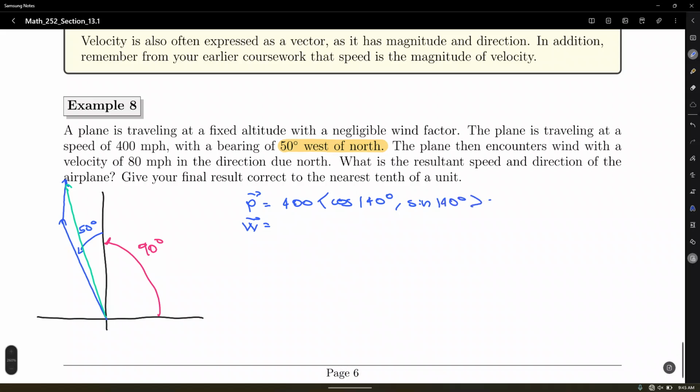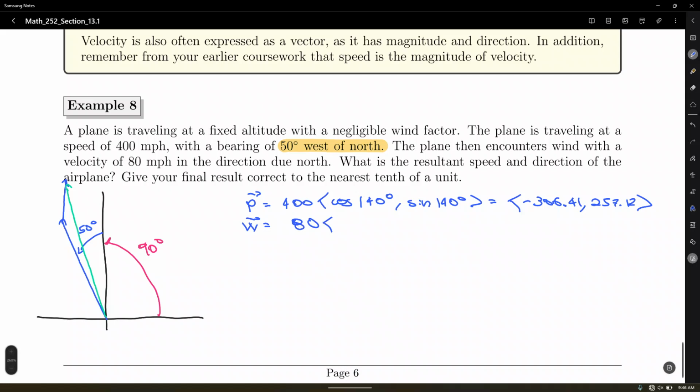So this will give us, after computing this, you want to check it on your calculator, negative 306.41, 257.12. And what's next? 80. In this case, it's going towards the north.